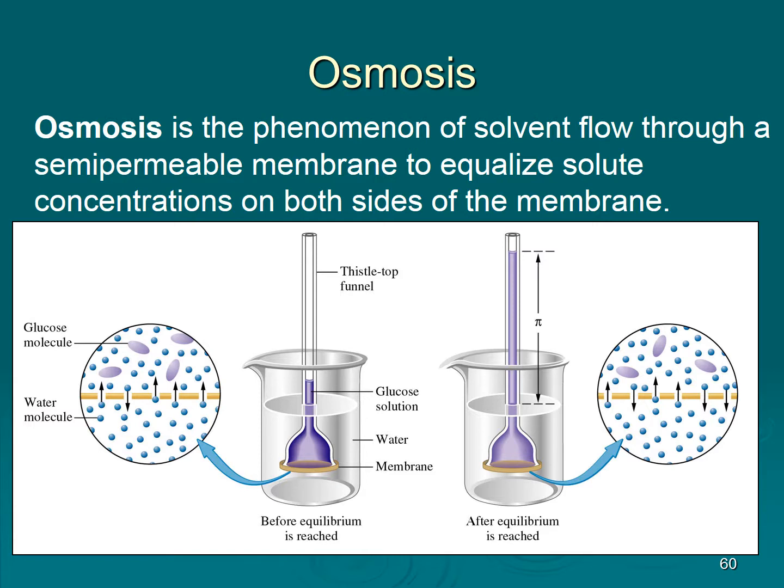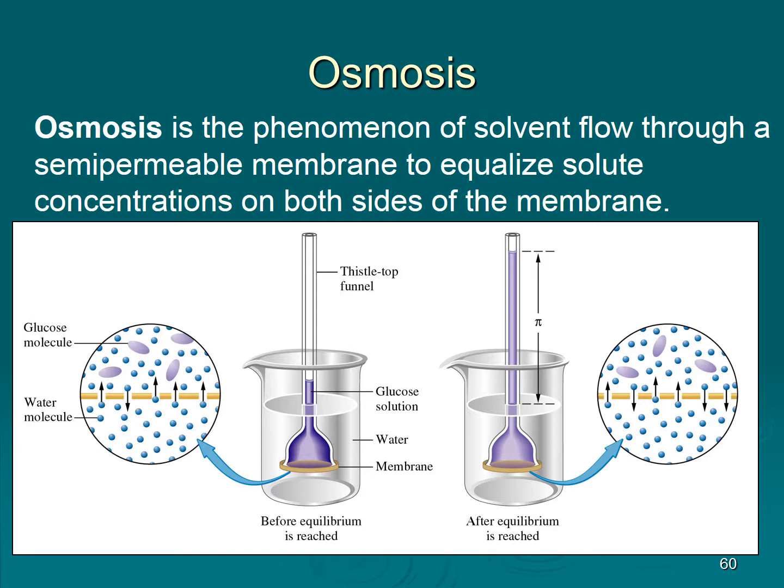If you look on the left-hand side, you can see that inside the little tube where the membrane is attached is a concentrated sugar solution. It's not the same concentration as the pure water on the outside. So osmosis occurs to try to dilute that solution down.